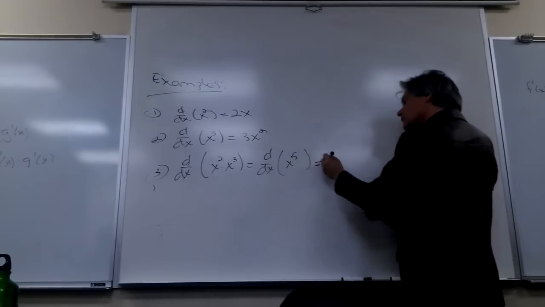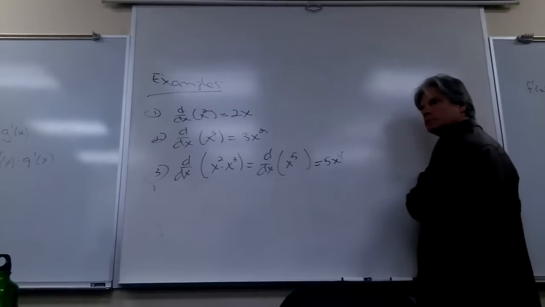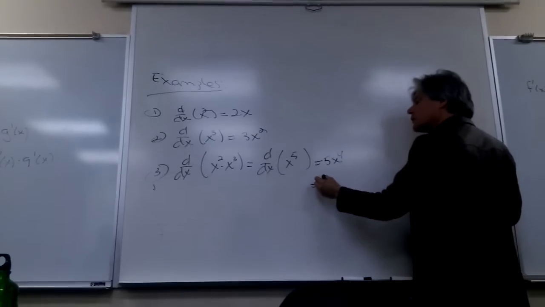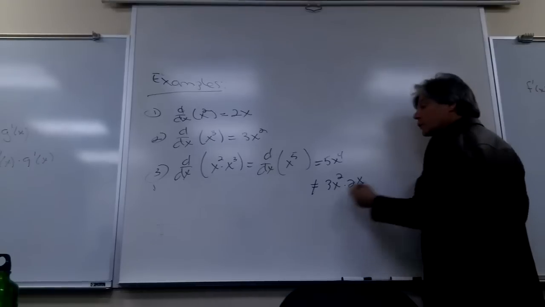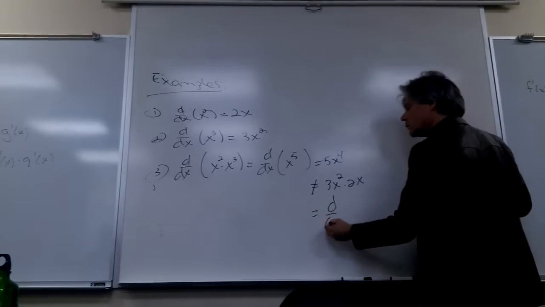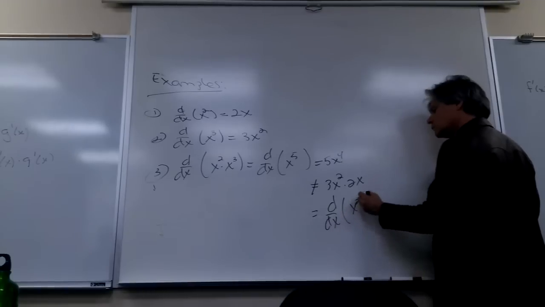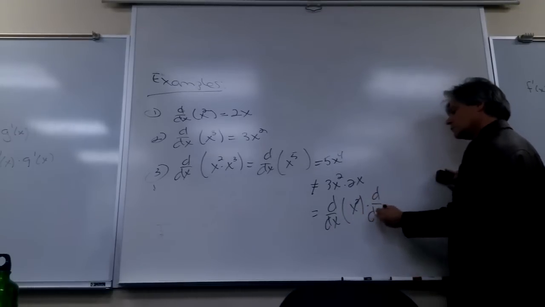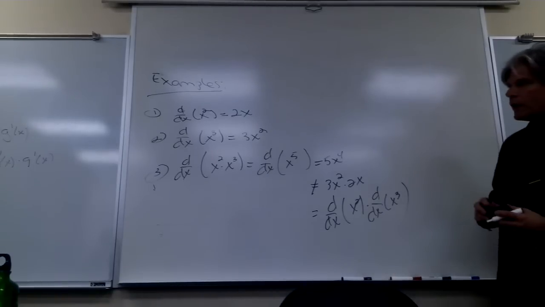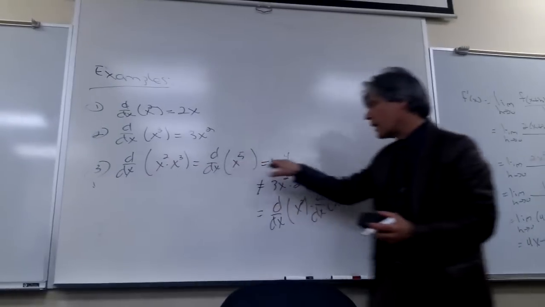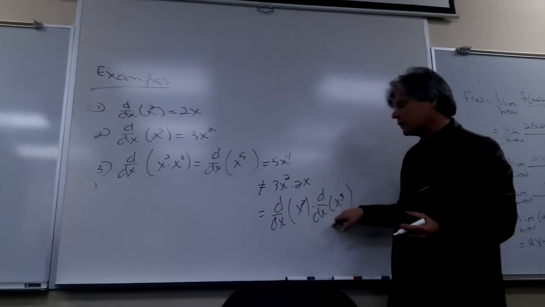I get this. That's not the same as this, which is this. Do you guys see how with this example I've illustrated that to differentiate a product is not the same as what you get when you multiply the individual derivatives?